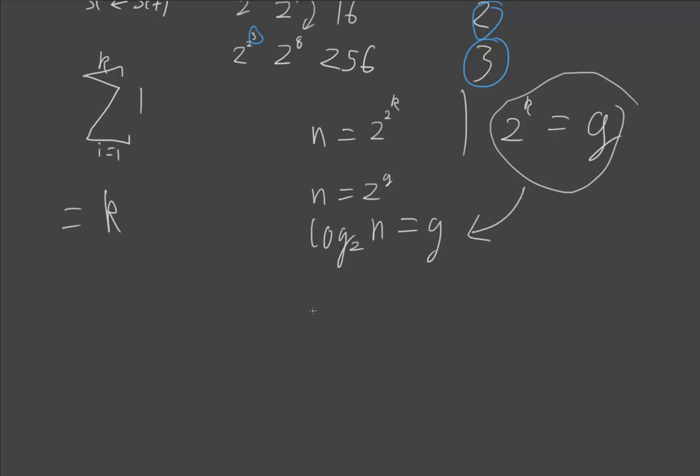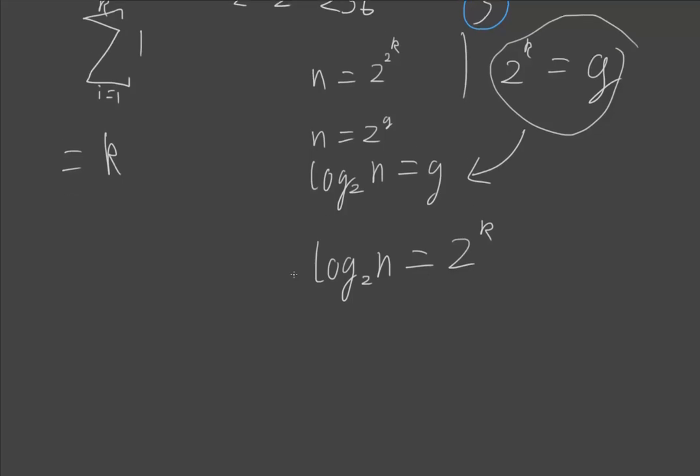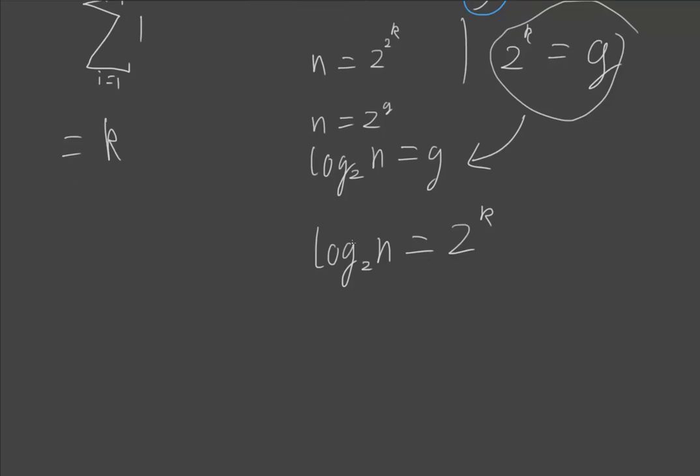Now that we've made that the exponent, we want to bring this back in. We can say log base 2 of n is equal to 2 to the power of k. And so now that it's in this form, we can go one step further. So just as if this was a normal exponent, like if this was 8 or something, it's the exact step that we've just done above.